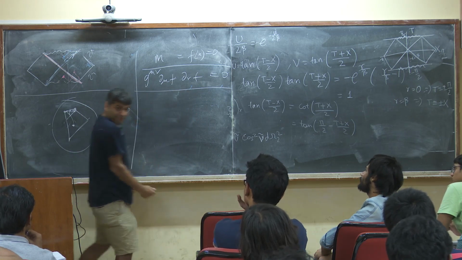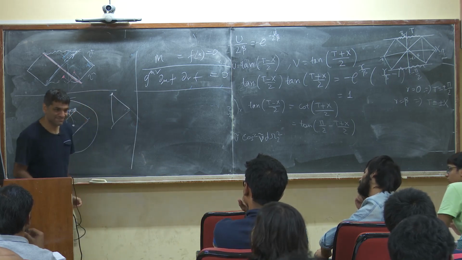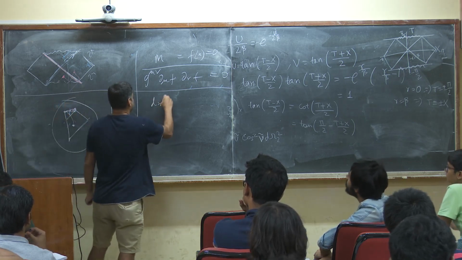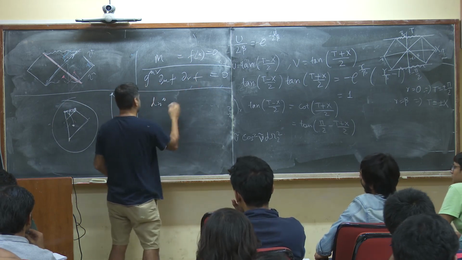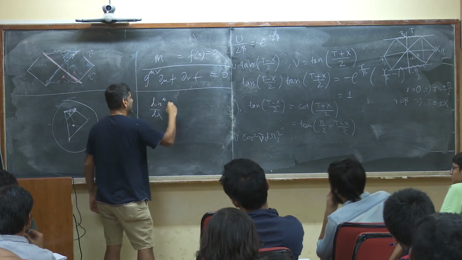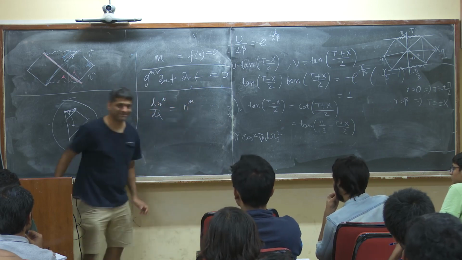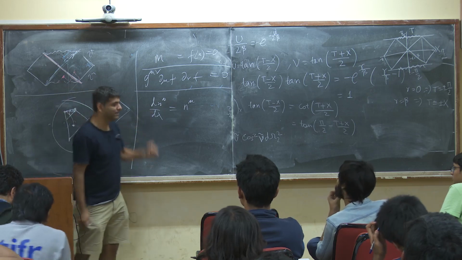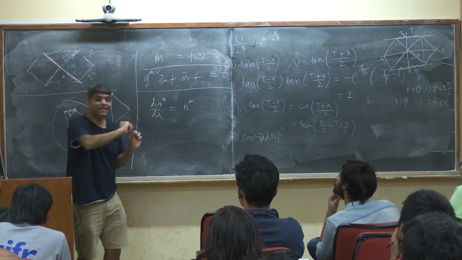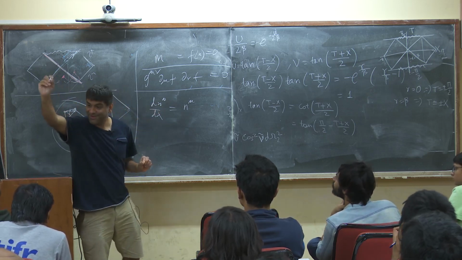Therefore, the equation dx mu by d lambda is equal to n mu, with some suitable normalization that won't matter very much, is a well-defined equation that gives you integral curves on the manifold.